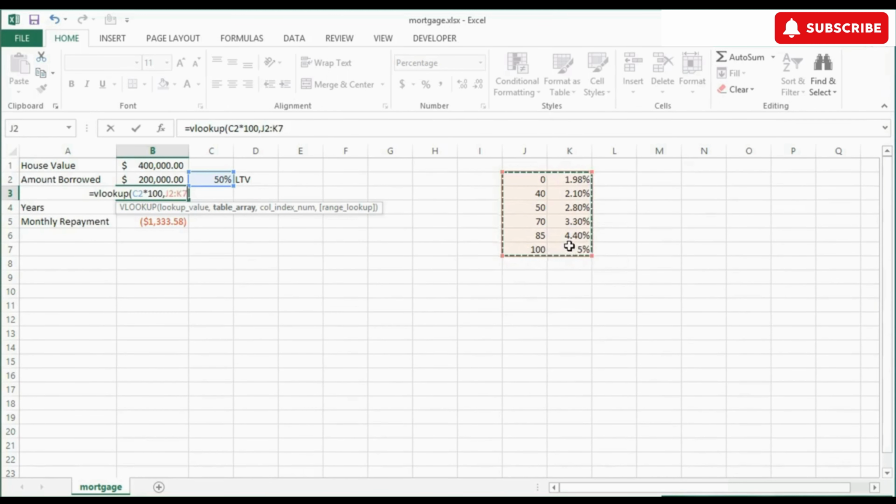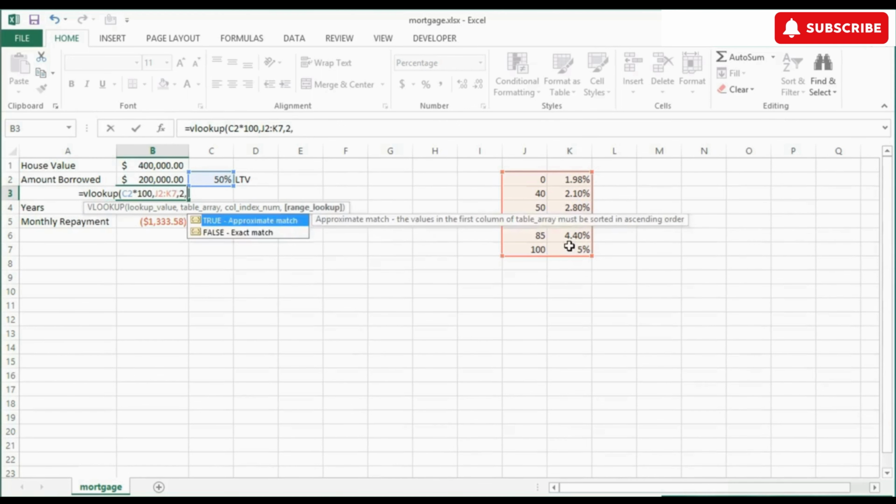So I highlight the table, comma. Having arrived at that table, I need the value that is currently stored in the second column. So I put a 2, comma, and then the range lookup needs to be true in this case. It cannot be false because I won't be able to find an exact match all the time. If the LTV, for example, is 54, 54 does not exist in this table and we would not get a match. So we need to go true and have an approximate match.